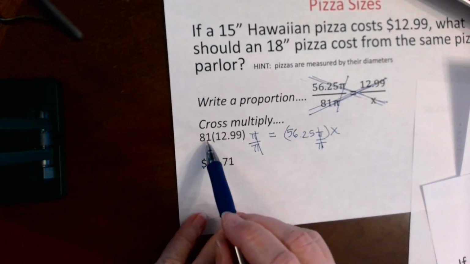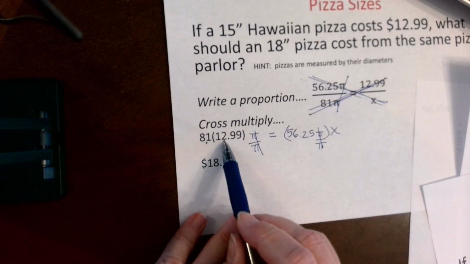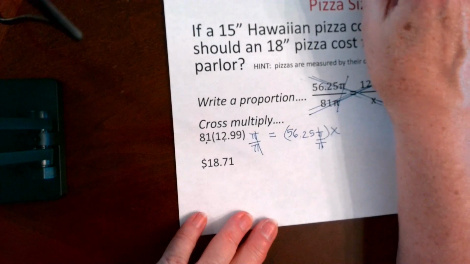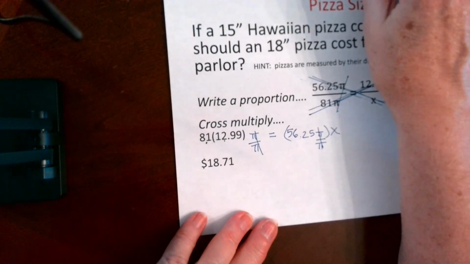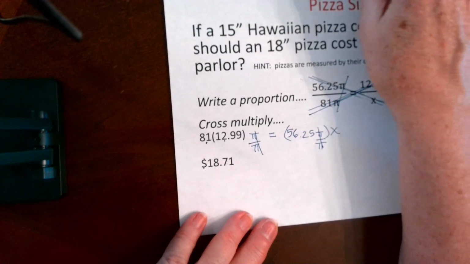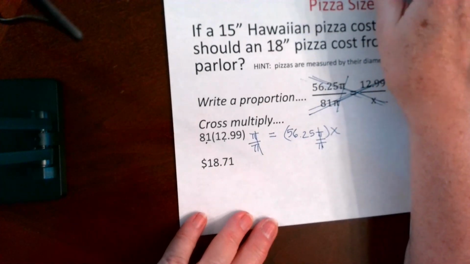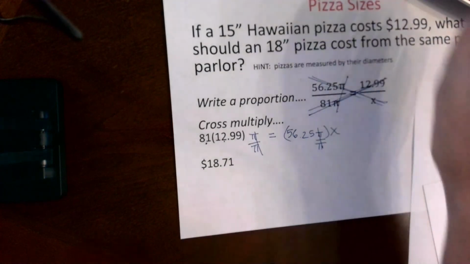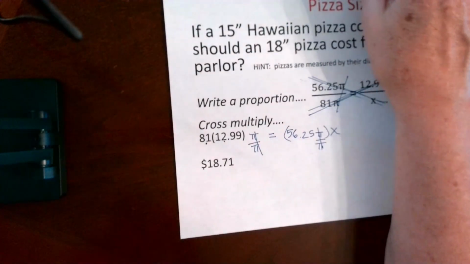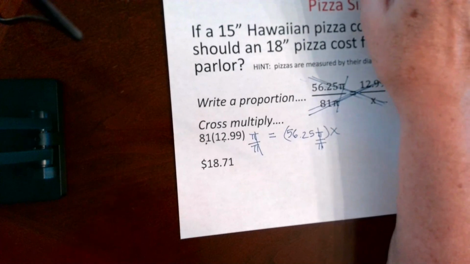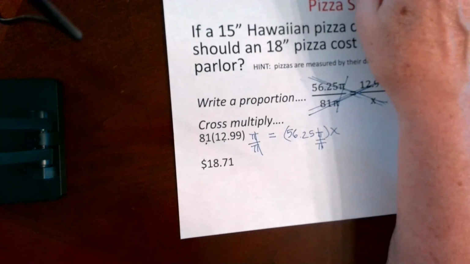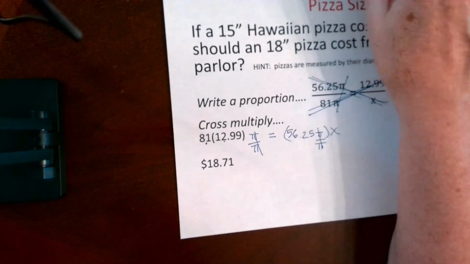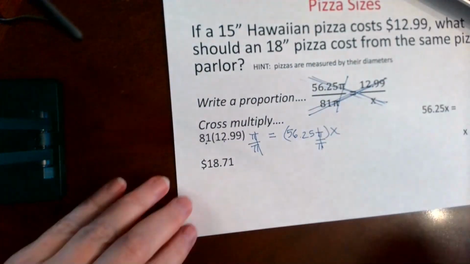Now I'm going to multiply 81 times 12.99. And divide by 56.25. And there's our answer.